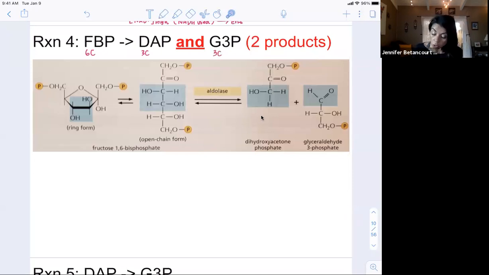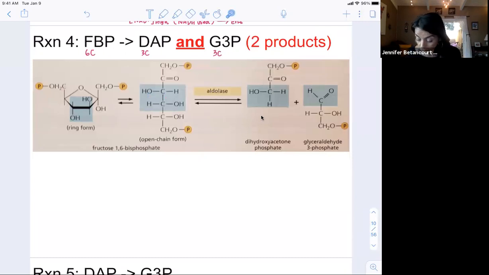Basically, the fructose ring was opened up, not magically. Aldolase catalyzed the opening of the ring into the open chain form. Once it was open, then aldolase also cleaved or cut or hydrolyzed the bond between the central carbons to create 2 products.